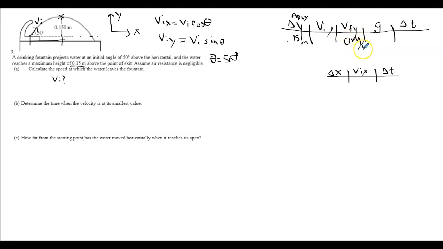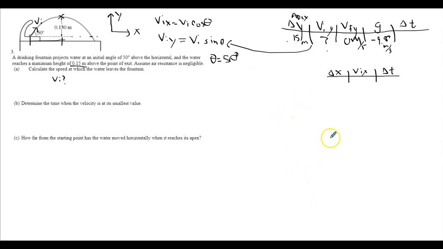And we also know gravity. So that's negative 9.8 meters per second squared. So we know 3 out of the 5, again, we're good. We're looking for the initial velocity VI, so we'll maybe solve for VIY and then use that answer with this equation and solve for VI, which is what I would recommend.